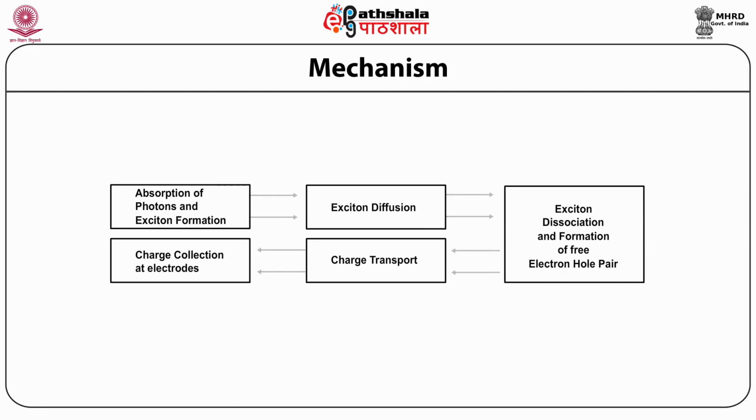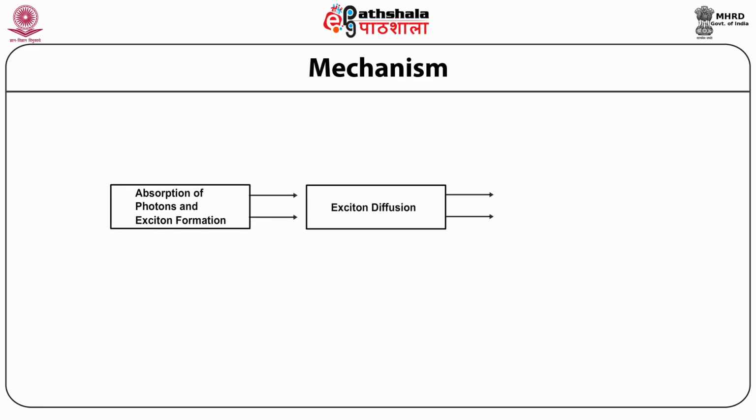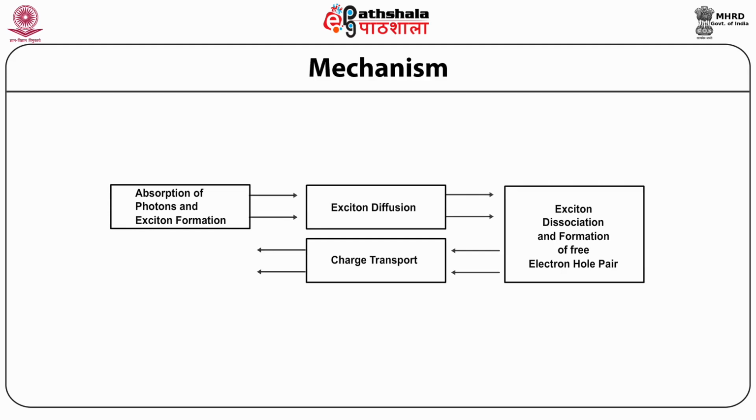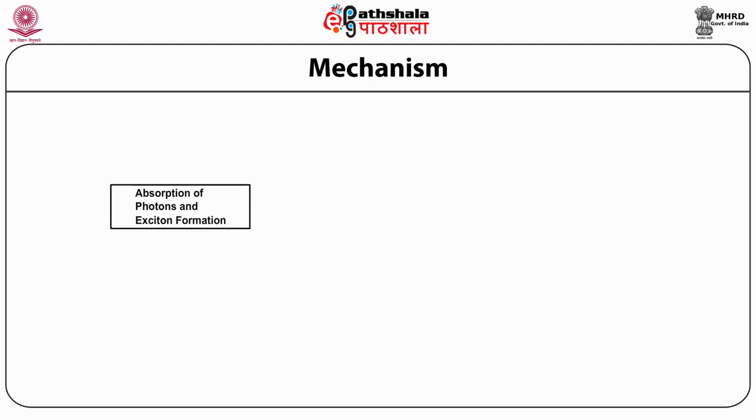The electric current that a photovoltaic solar cell delivers corresponds to the number of created charges that are collected at the electrodes. This is represented by the final step in the block diagram.